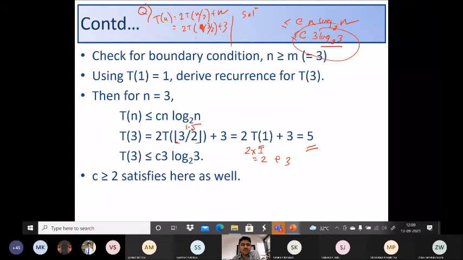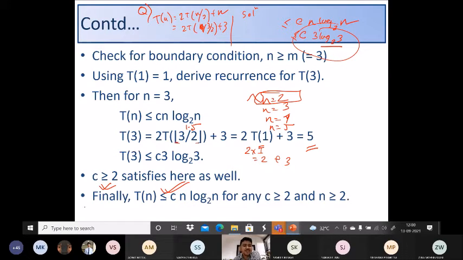So you can find out the value of C. So C greater than or equal to 2, because for n equal to 1 it fails, but for n equal to 2 it passes, n equal to 3 it passes, n equal to 4 you can check it will pass, 5 you can check it will pass. So what is the base condition? n equal to 2. So C equal to 2 satisfies here as well.